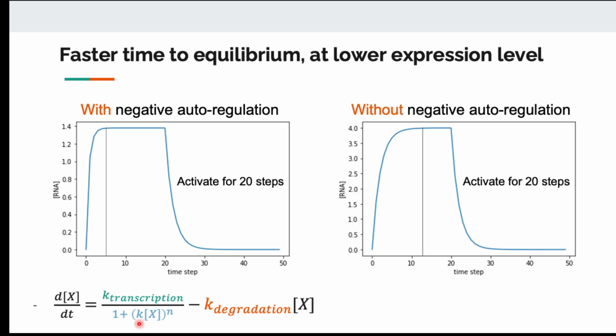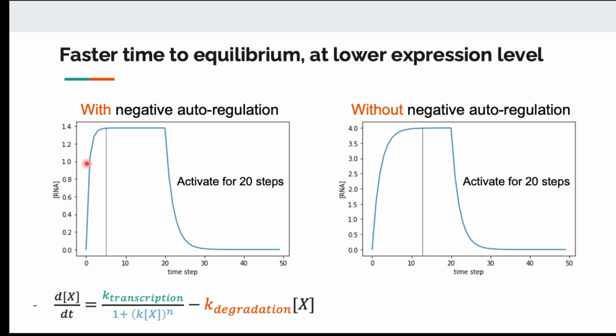And that fraction will be this, the input. I use color code to separate out the different components. The transcription is the product of the transcription rate and the fraction, which is on the denominator. This is the fraction of DNA that's unbound and can still transcribe the gene, minus the degradation.